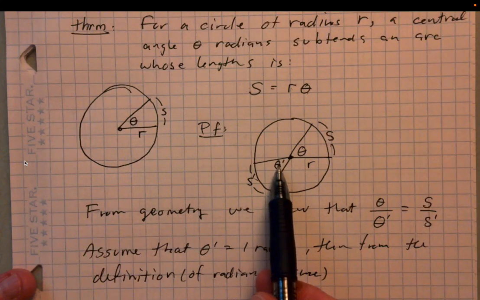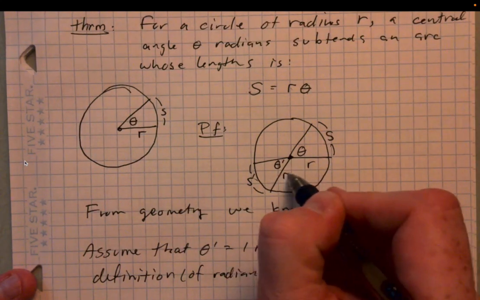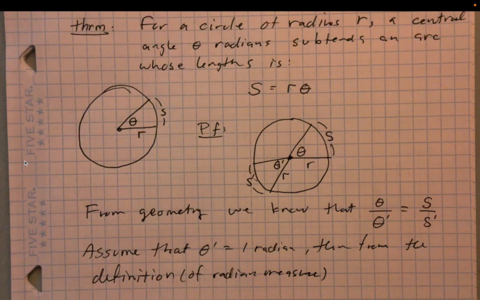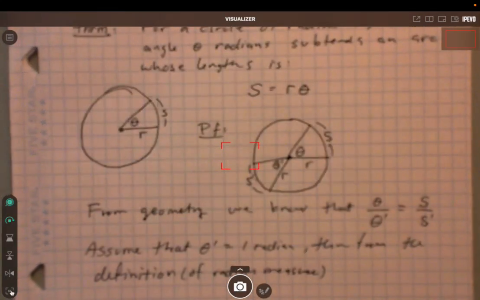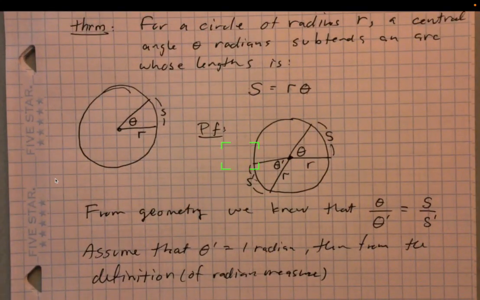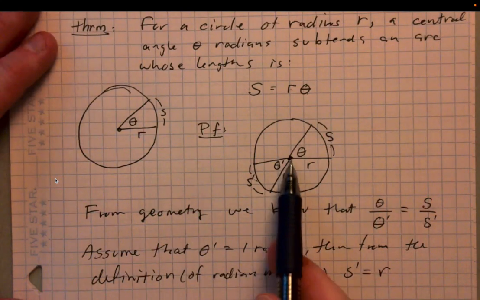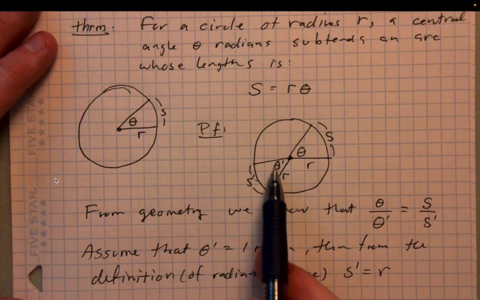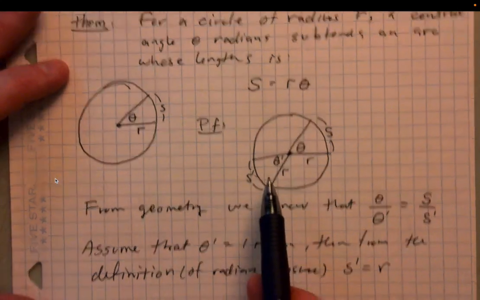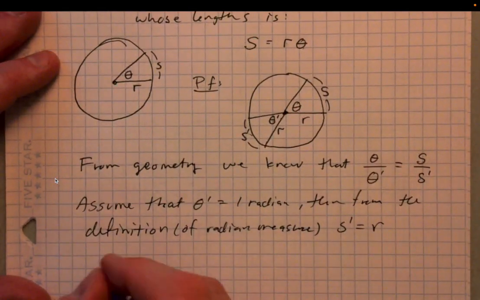If theta prime is 1 radian, and obviously this is r, then what does that tell us about s prime? s prime must be equal to the radius of the circle. Because if theta prime is a radian, then this is r, this is r, and this must be r as well in order for that to be 1 radian. So that little fact sets it up.